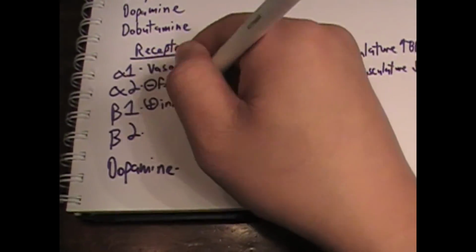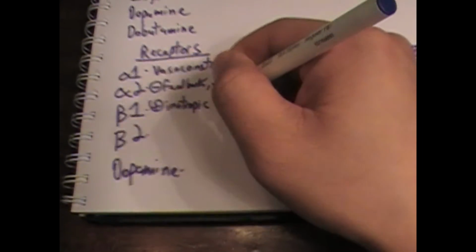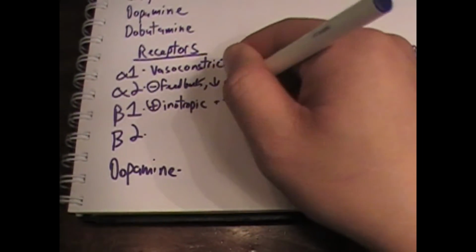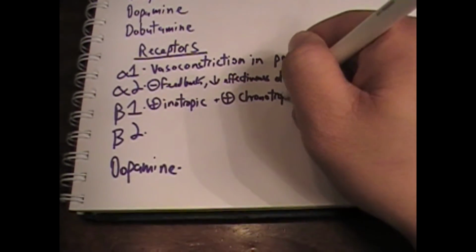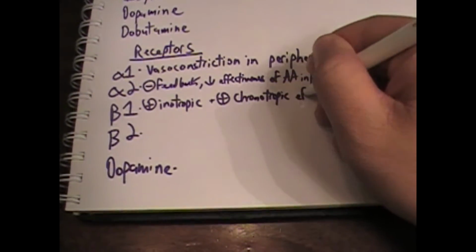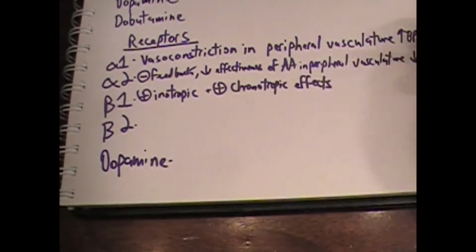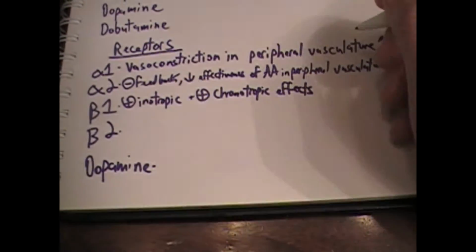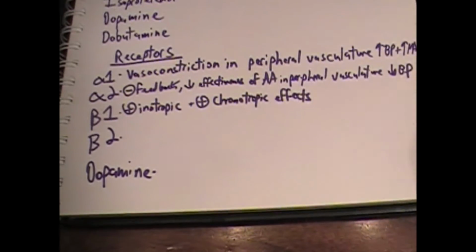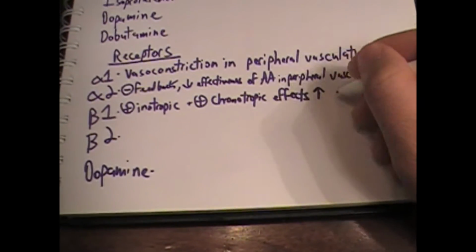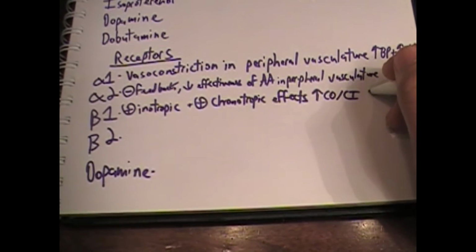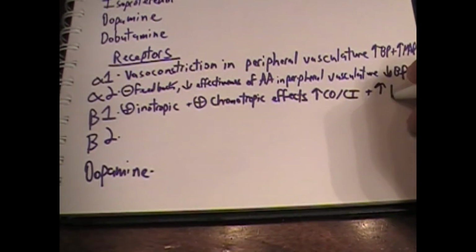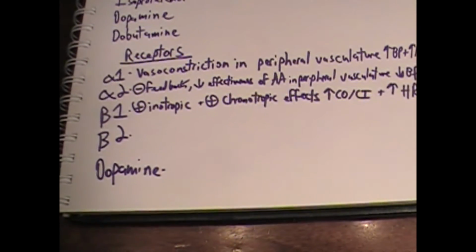Now, in terms of beta 1 agonization, we have a positive inotropic and positive chronotropic effect, which, in terms of inotropic, will increase cardiac output and the cardiac index, and with the chronotropic, will increase the heart rate.